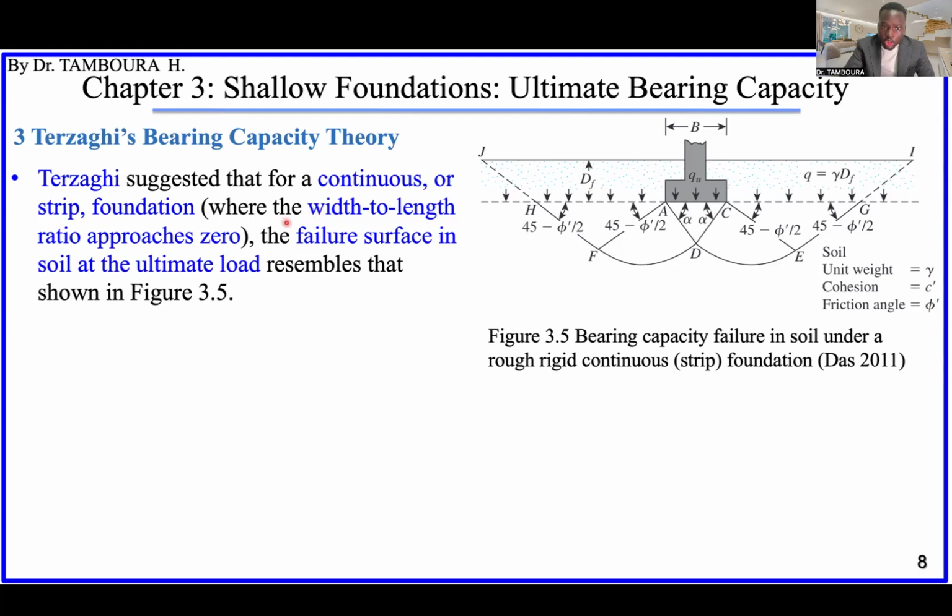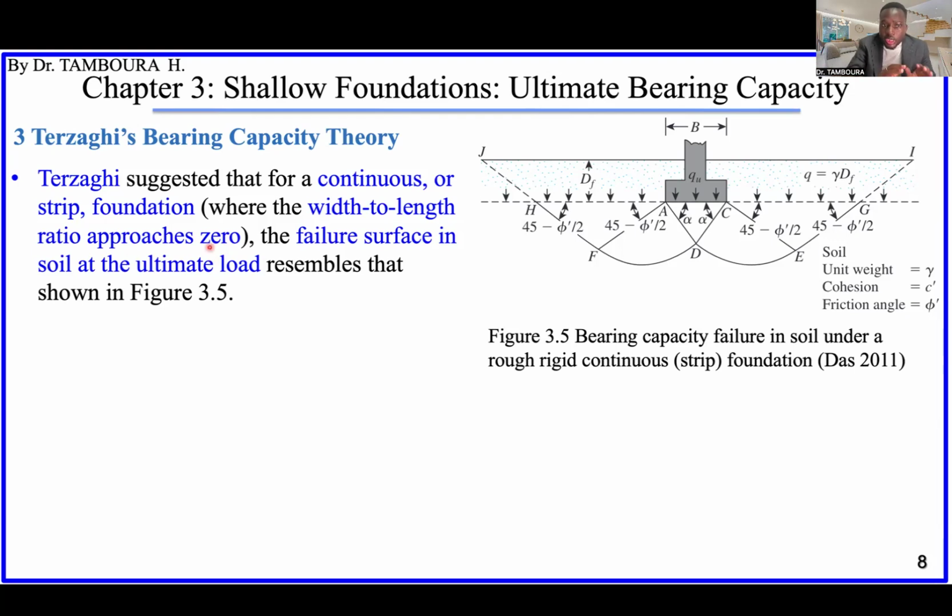The width to length ratio approaches 0, so it is a very long footing, with the length much longer than the width of the foundation. Another way to see it: if you take B divided by the total length of the foundation, it approaches 0.